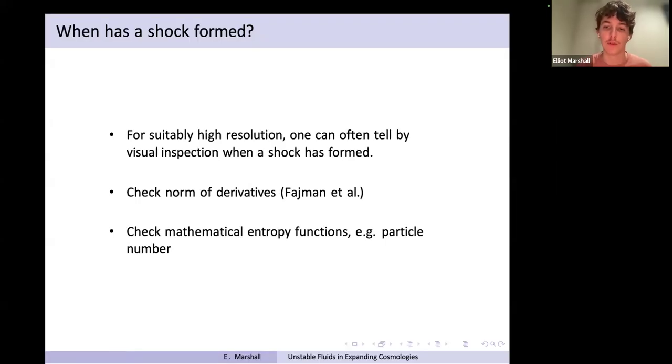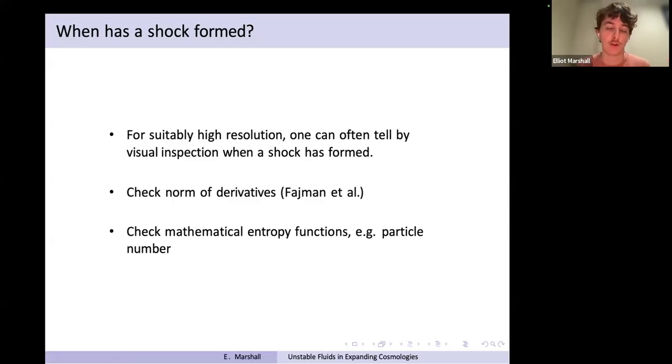A similar idea, which I played around with, is to look at mathematical entropy functions. This comes more from the conservation law side of things. An entropy function is something which should satisfy a conservation law on smooth solutions, but should increase when we have discontinuities. The natural entropy for the barotropic, or linear equation of state, Euler equations is the particle number.